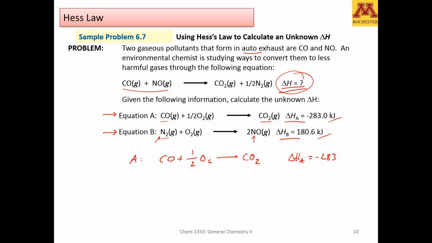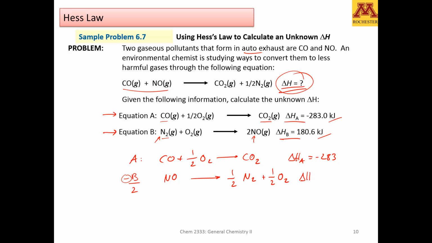So what I'm going to do is flip equation B and divide it by 2. Instead of 2 NO, I have 1 NO, which becomes 1/2 of nitrogen and 1/2 of oxygen. And careful here, because if I flip the reaction and divide it by 2, I need to do the same to the enthalpy.